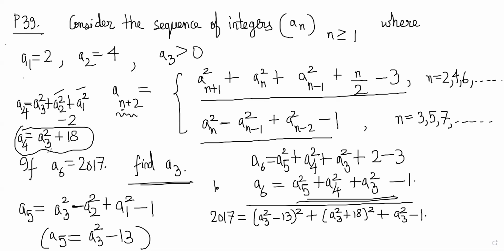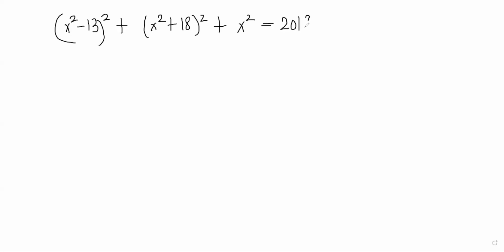So we can take a3 square as x, so it will be easy. x minus 13 whole square plus x plus 18 whole square plus x is equal to 2018, right? Something like this.